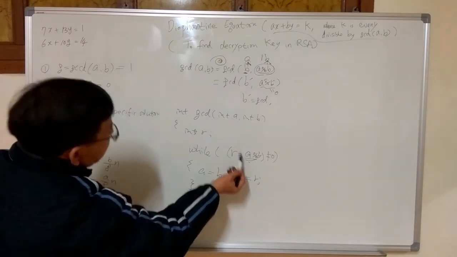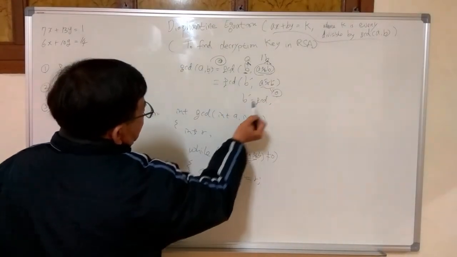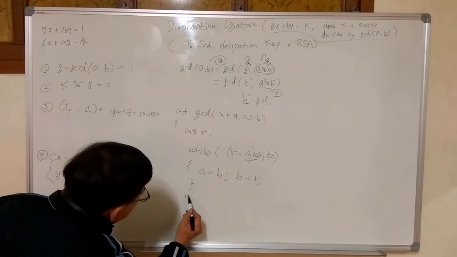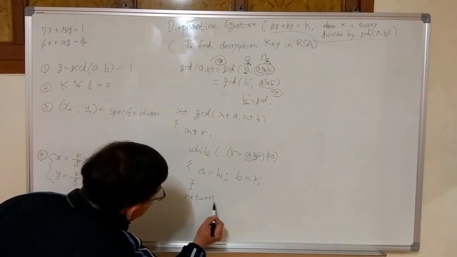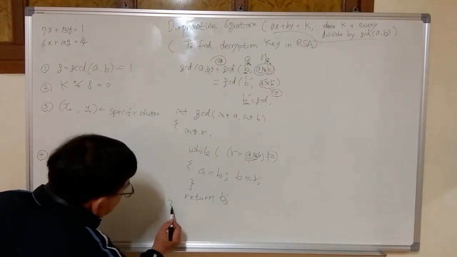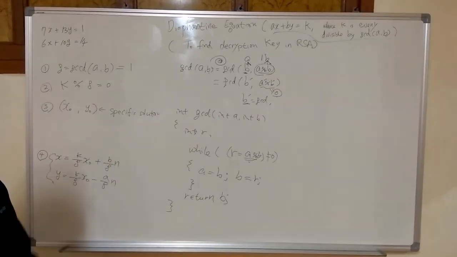If this term is 0, then B is the GCD. So return B. This is the Euclidean algorithm.